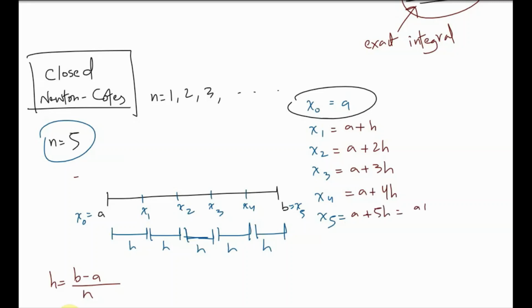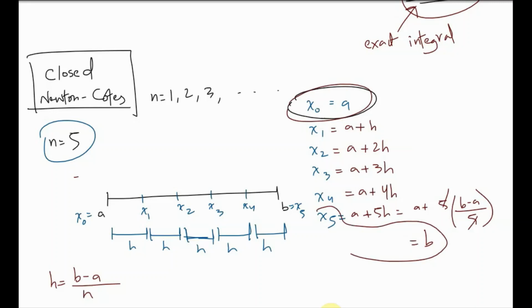Which is equal to a plus 5 times b minus a divided by 5. So that basically gives you x5 equals b. Okay, so when we take x naught equals a and x5, basically when the last node is at the end of the interval, in that case this is the closed Newton-Cotes formula.